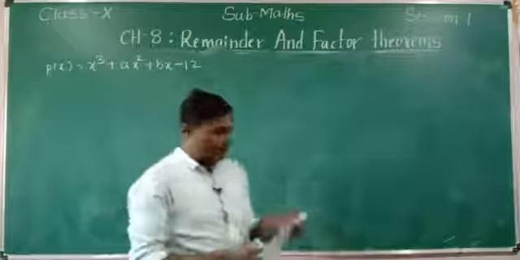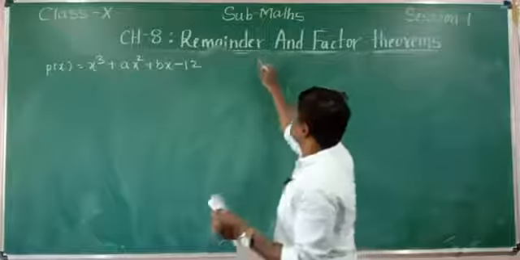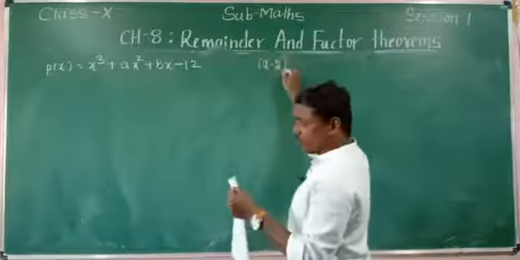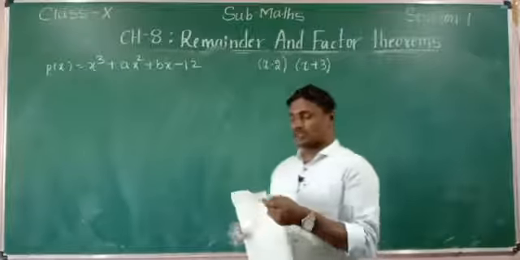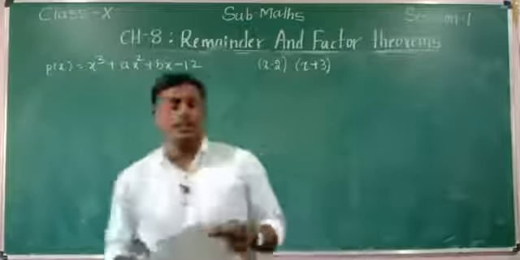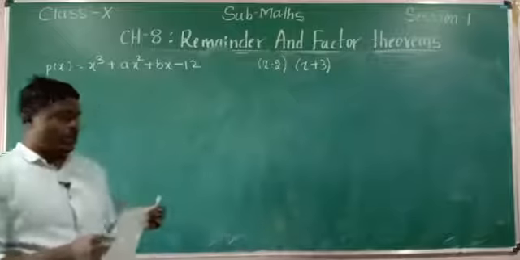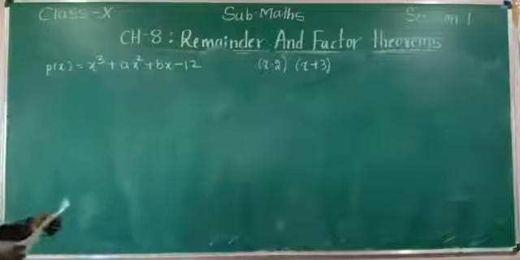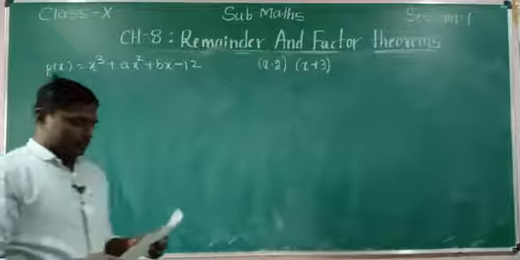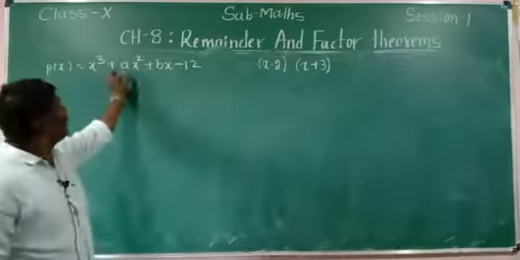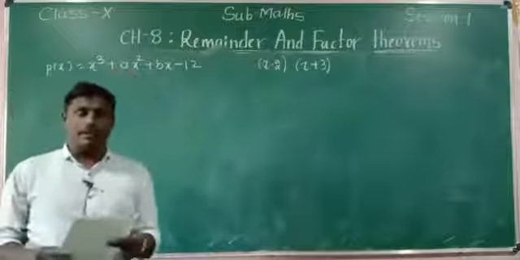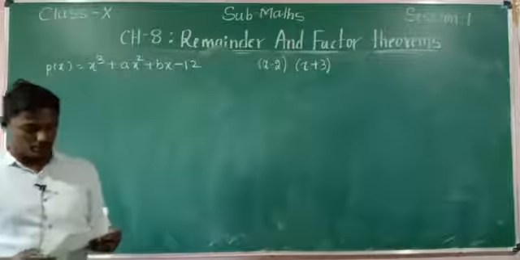The two factors are already given: x minus 2 is one factor and the other factor is x plus 3. With the help of these two factors, you need to find the values of a and b in the given expression.